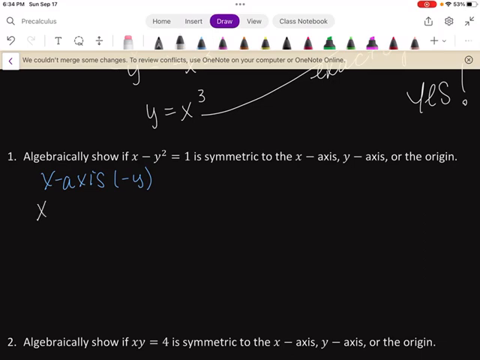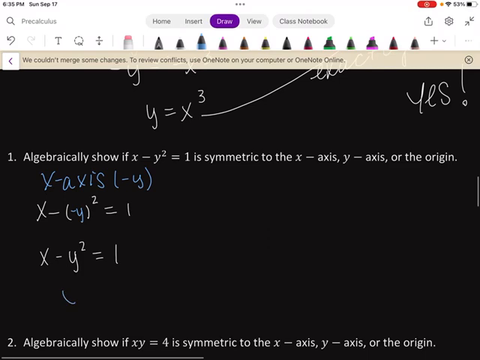So I have x minus y squared is equal to 1. If that negative y goes in there, what is my result? x minus y squared is equal to 1. So this would be a yes. It is symmetric with respect to the x-axis.